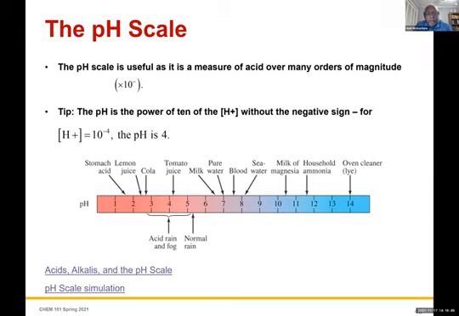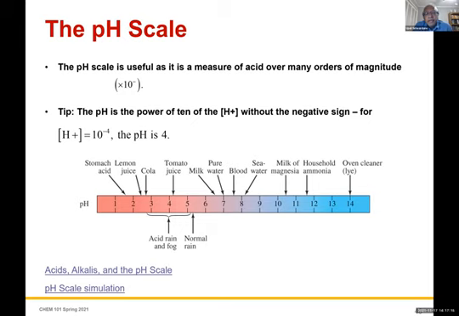If you look at the pH scale, the blue color is basic pH. The red color is acidic pH on the left. 7 is neutral, which is pure water based on the ion product constant.